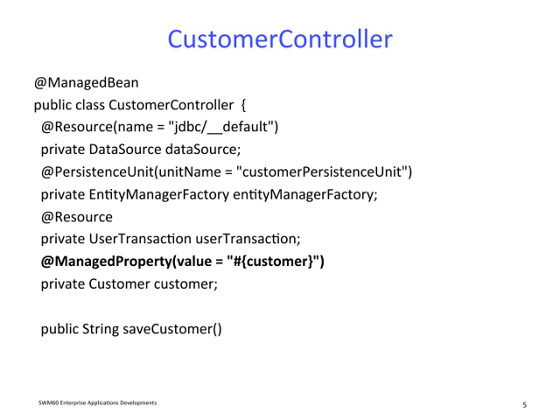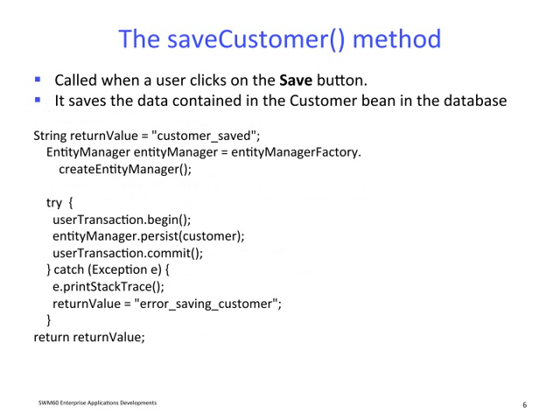When the object is to be persisted, we will need the save customer method. It will be invoked when the user presses the save button. Data from the object are then mapped into the table and saved as database records.